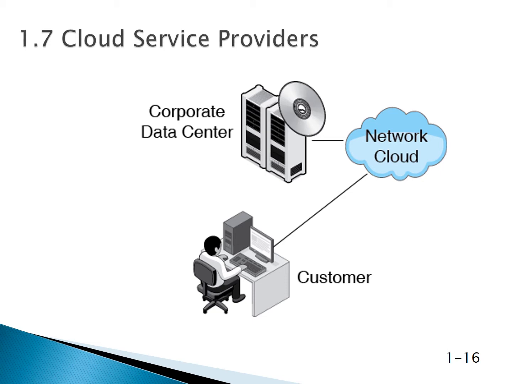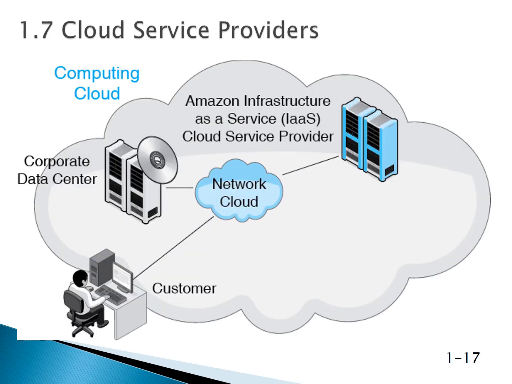It is making all these cloud computing web services possible because of the much improved speed of the internet in the past few years. A customer can connect to various cloud services through the internet, like for example the Amazon Infrastructure as a Service, what we call an IaaS cloud service provider. You can also connect to a corporate data center.